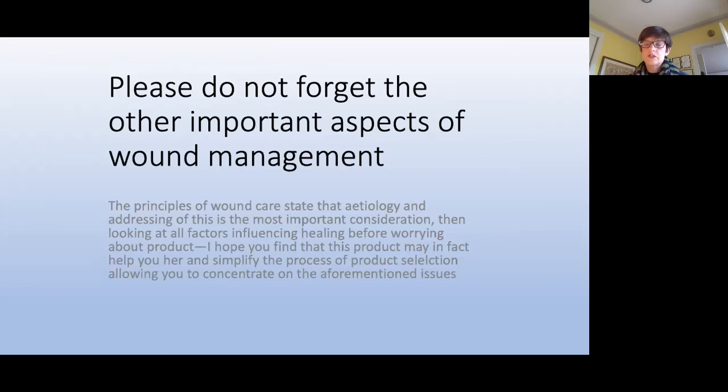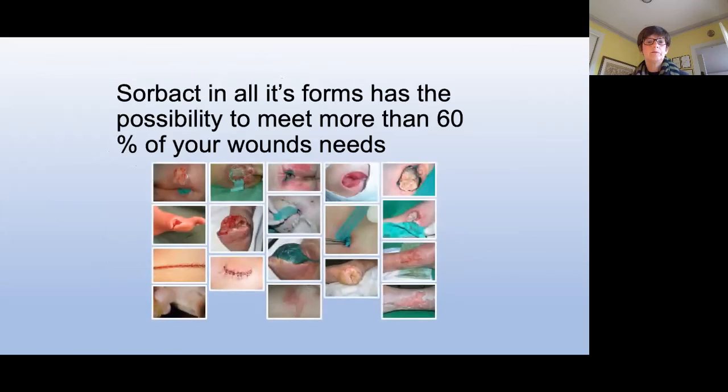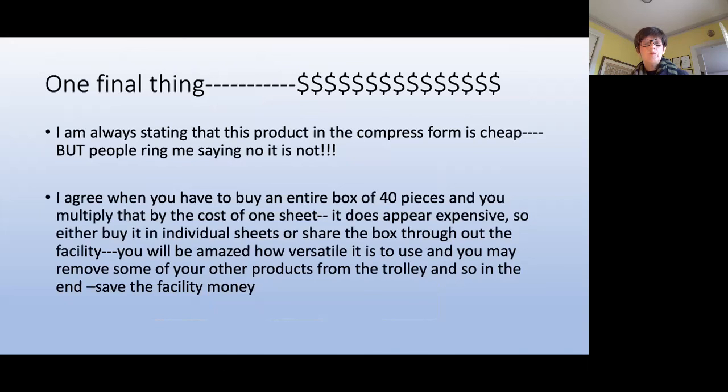Like, because you're simplifying a product range in your facility, you're able to concentrate on nutrition and other things like that. It comes in many, many forms, as I've said, and there are great case studies, and we believe that Sorbact would meet more than 60% of your wound needs in your facility. I'm always trying to find cost-effective solutions for you, and I do state when I recommend the compress form, I say it's cheap, but people ring me afterwards and say it's not cheap.